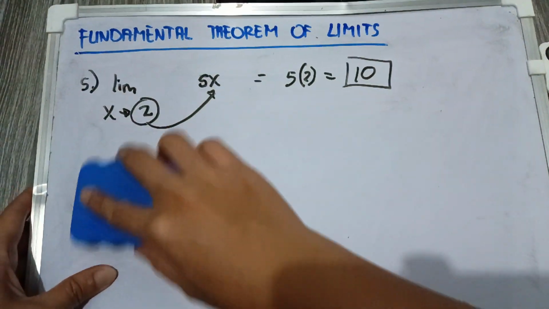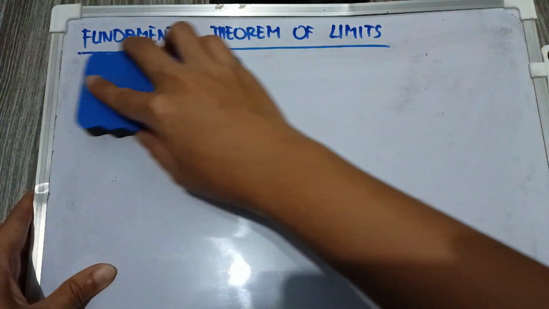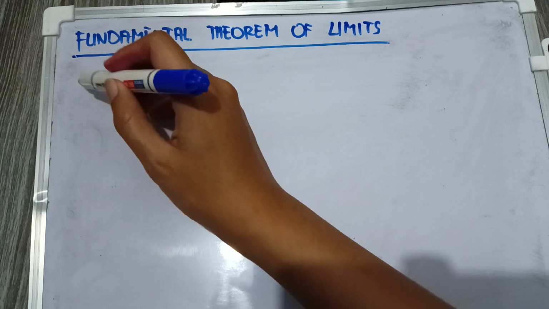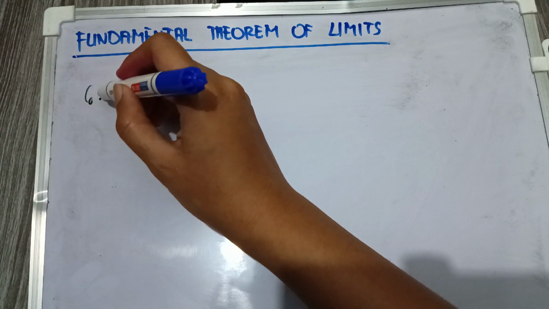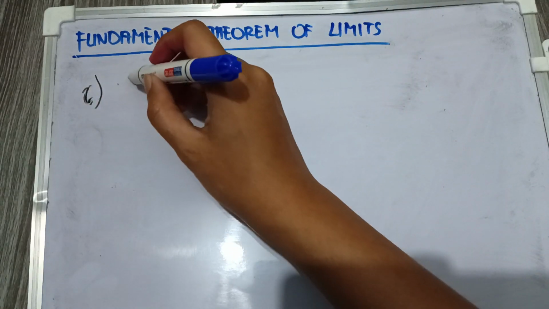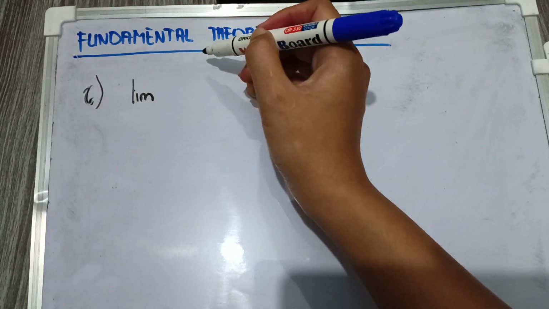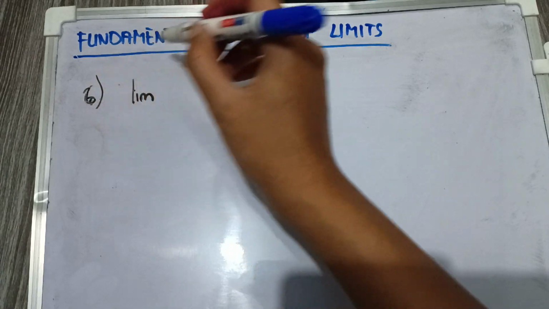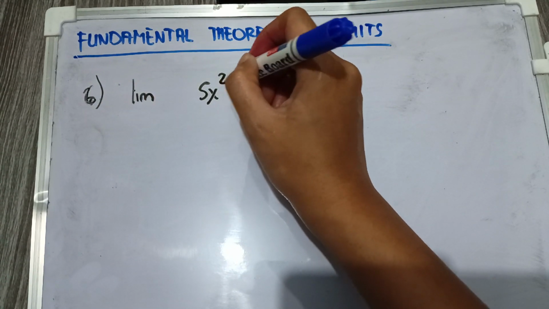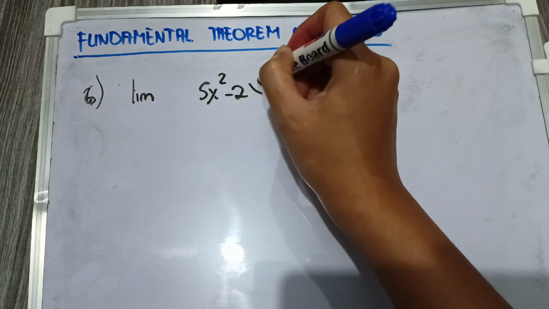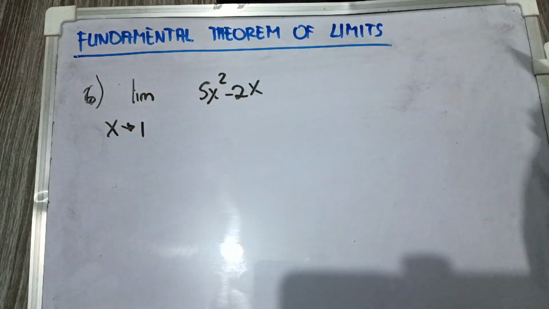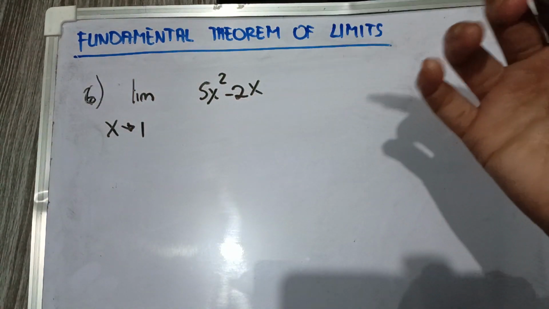Next example. What if it is a combination of two terms, like the limit of 5x squared minus 2x as x approaches 1?